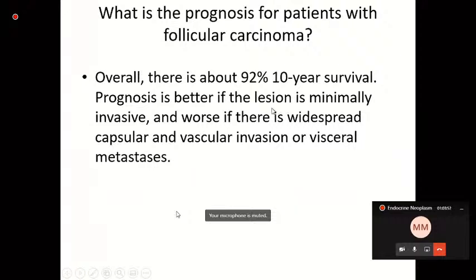Prognosis is better if the lesion is minimally invasive, and worse if widespread capsule and vascular invasion or visceral metastasis. Usually follicular carcinoma tends to metastasize to other tissue like lung and bone. The follicular carcinoma is more aggressive than papillary carcinoma. Papillary carcinoma usually metastasizes to lymph node, but this one metastasizes by the vascular route. Okay.